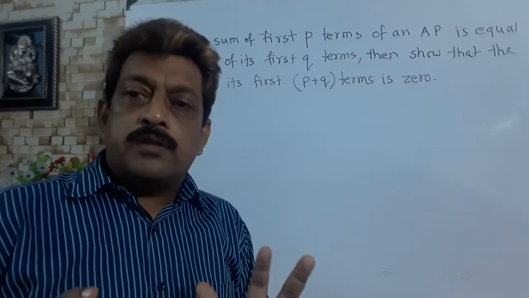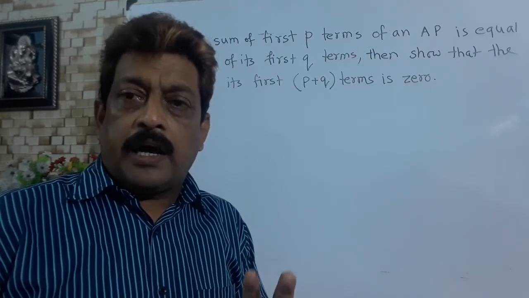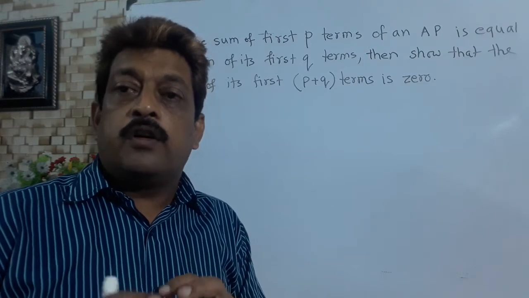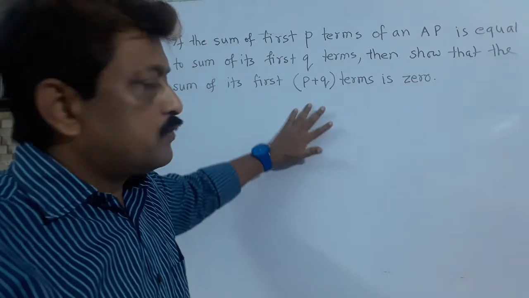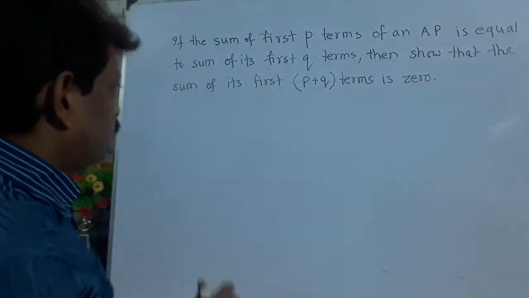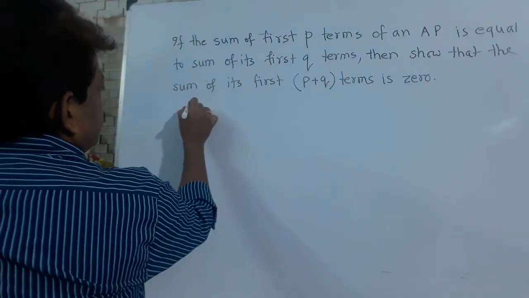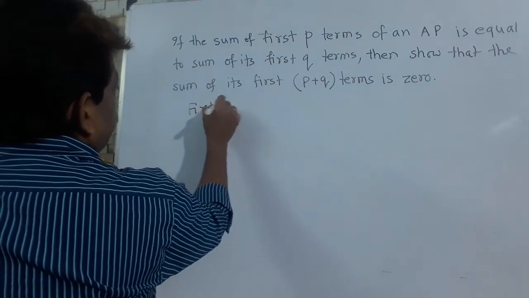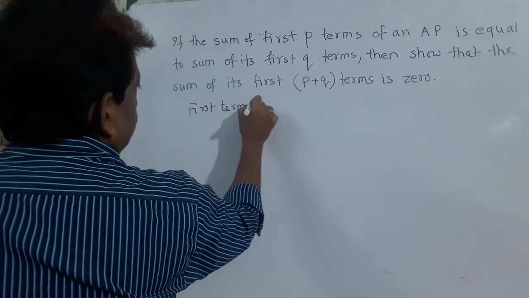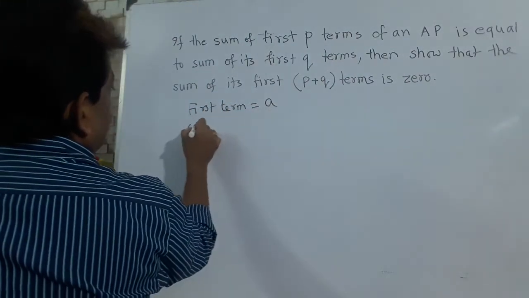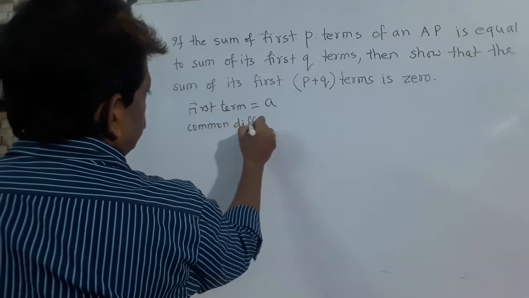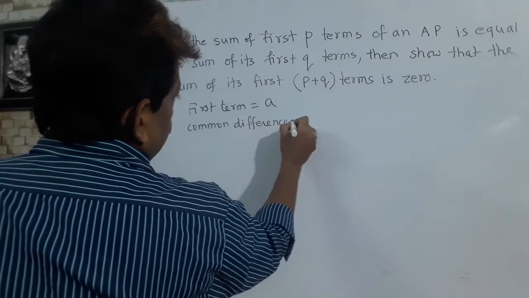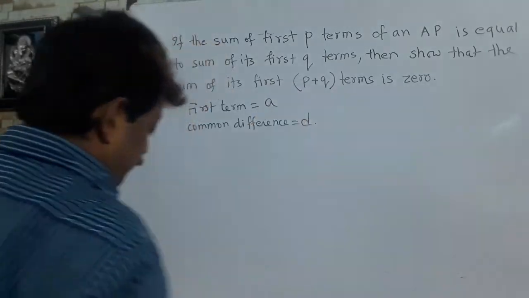Now, using the concept of arithmetic progression and the formula for the sum of n terms, let me solve the problem. First of all, let me take the first term as a, common difference equals d.